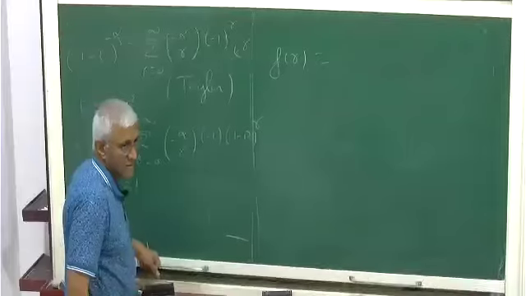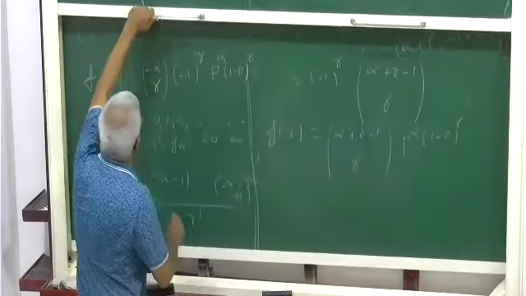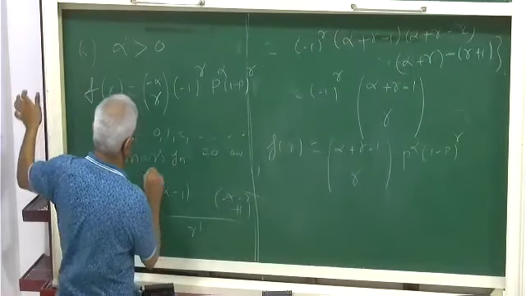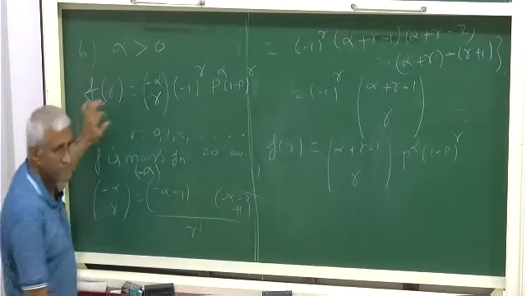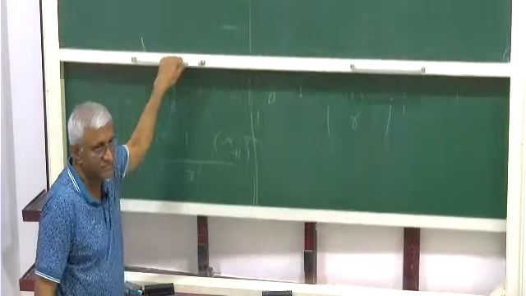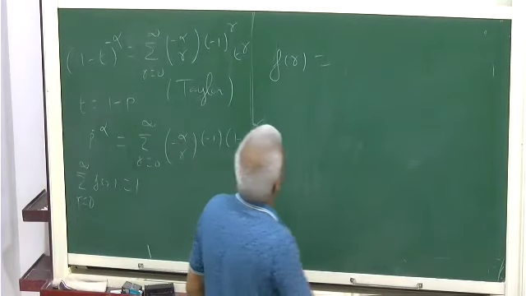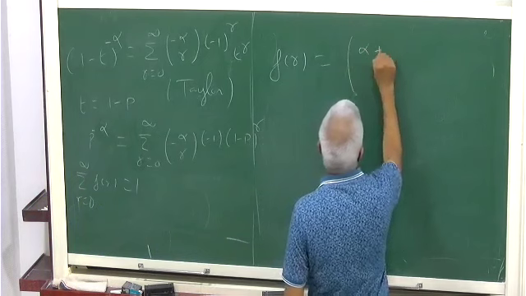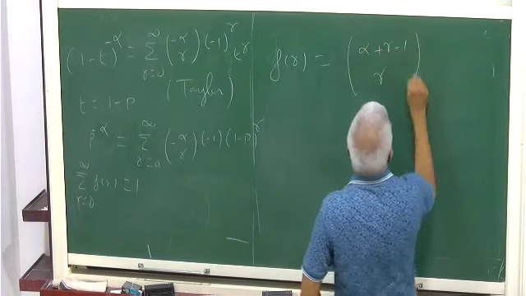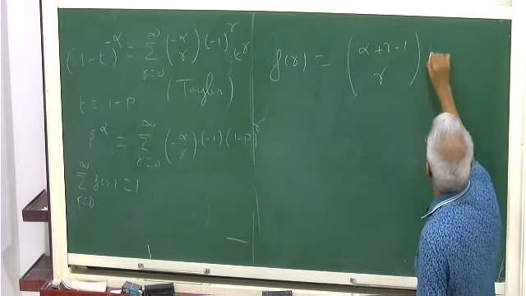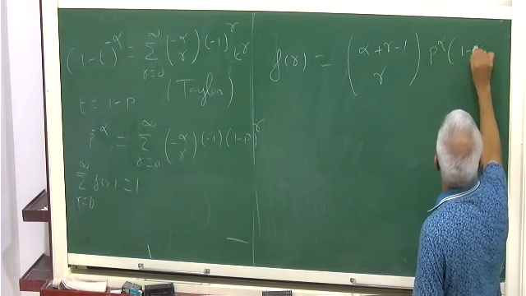You are right, sorry. That is the definition, and here also that is the definition. That's why you get alpha plus r minus 1 choose r, into p power alpha, into 1 minus p power r.